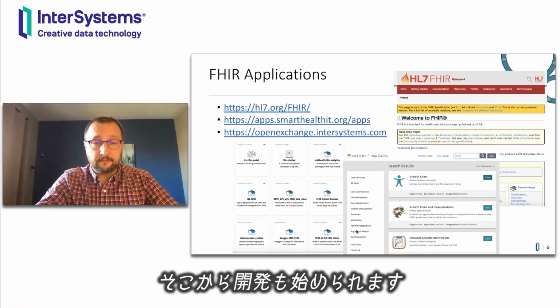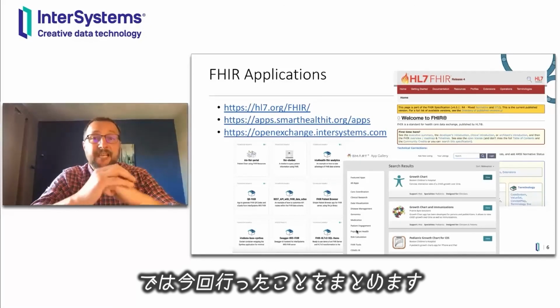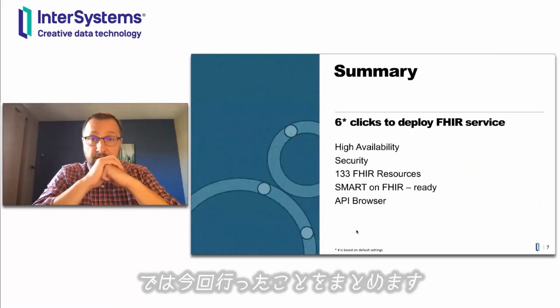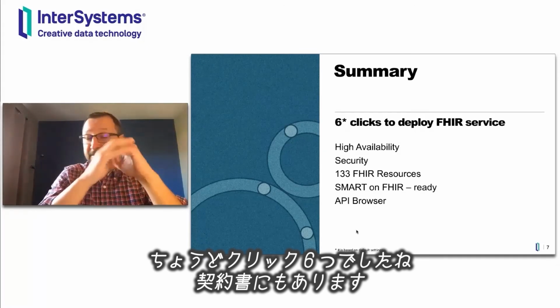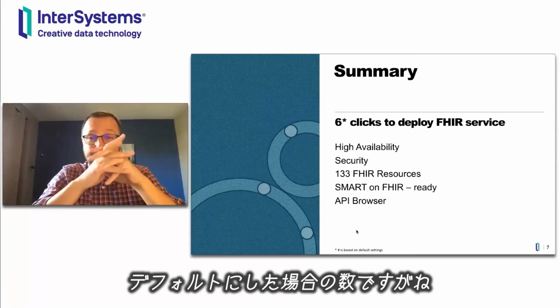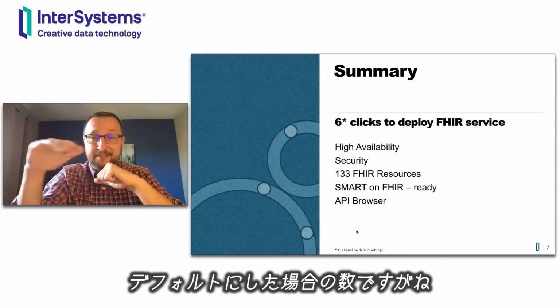Right? So to summarize what we just did, we did exactly 6 clicks, and there's a little fine print in there if you are curious. It's based on the default number of clicks if you accept all the defaults.